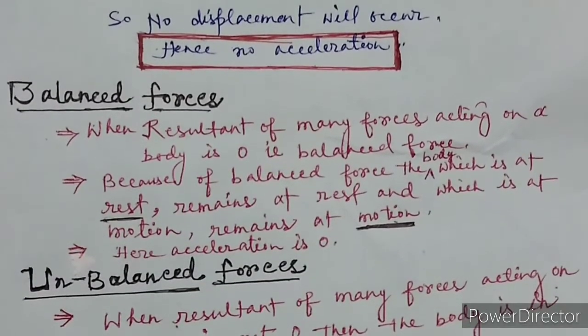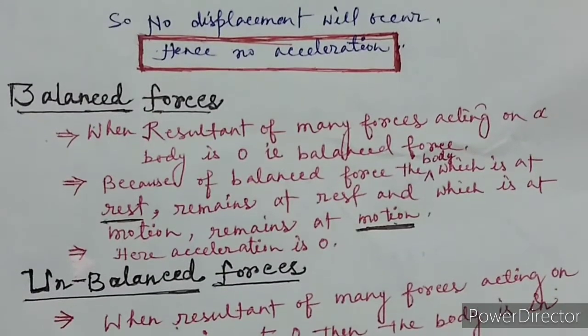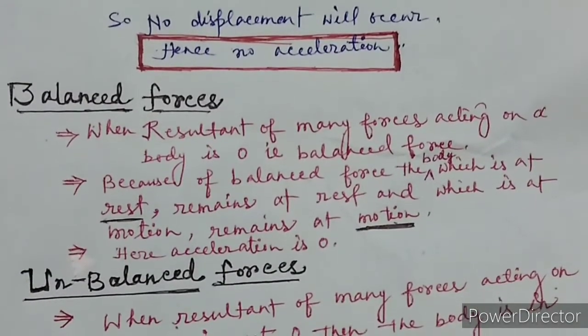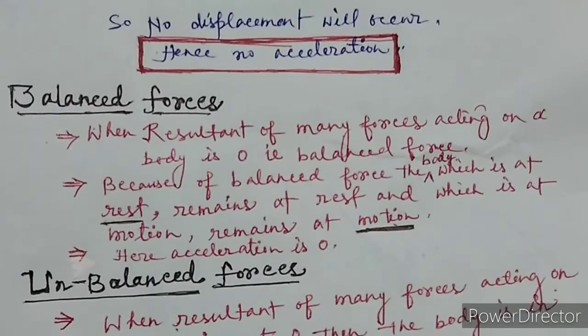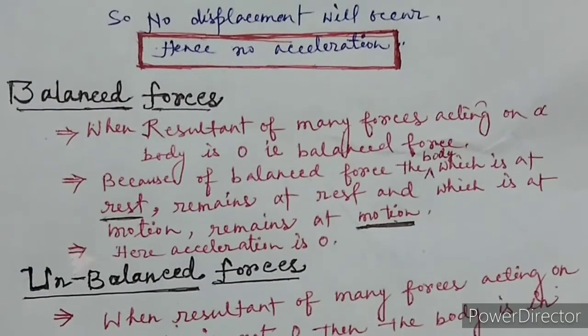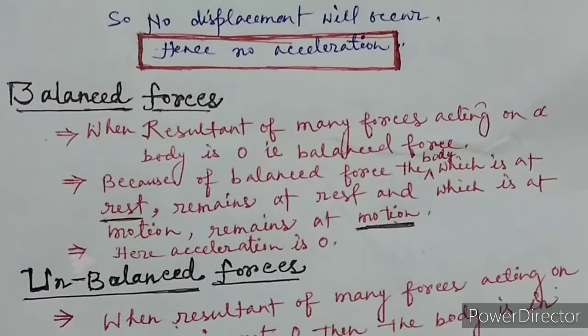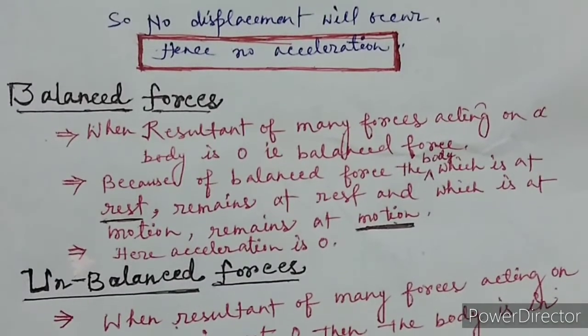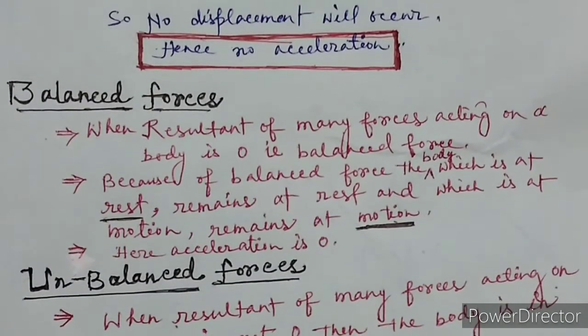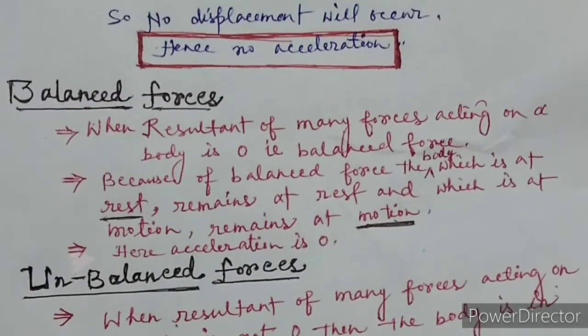Since the value is equal to 0, that means the body has no displacement. So the body is at rest, and hence the acceleration is equal to 0. And another thing, suppose a balanced force is acting on a body, and the body is already in motion, then the body will stay in the same motion.